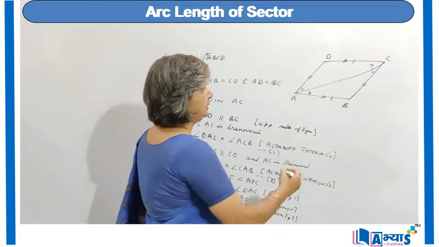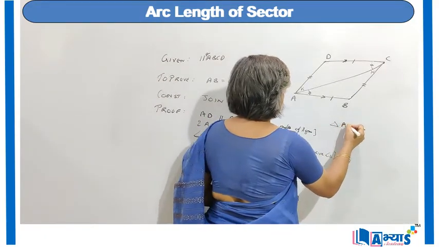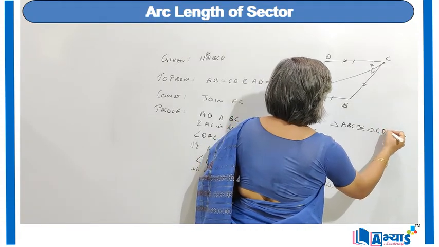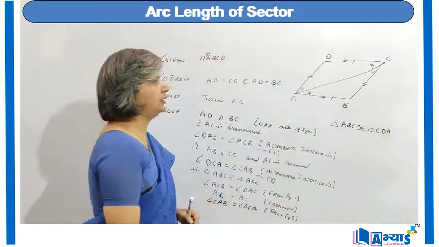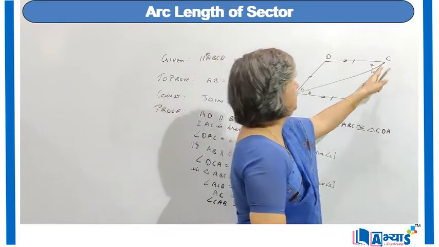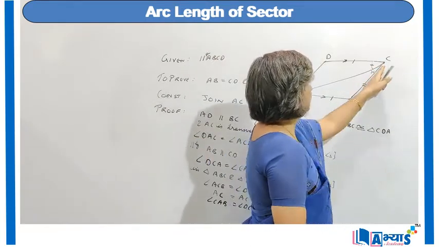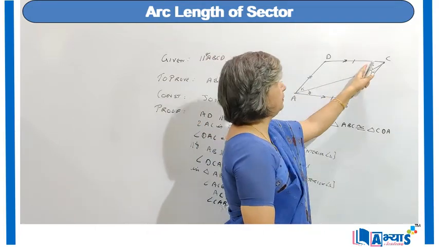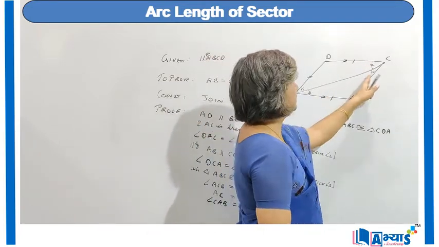So we can say that triangle ABC is congruent to triangle CDA, because we know that this angle is equal to this angle and this angle is equal to this angle.